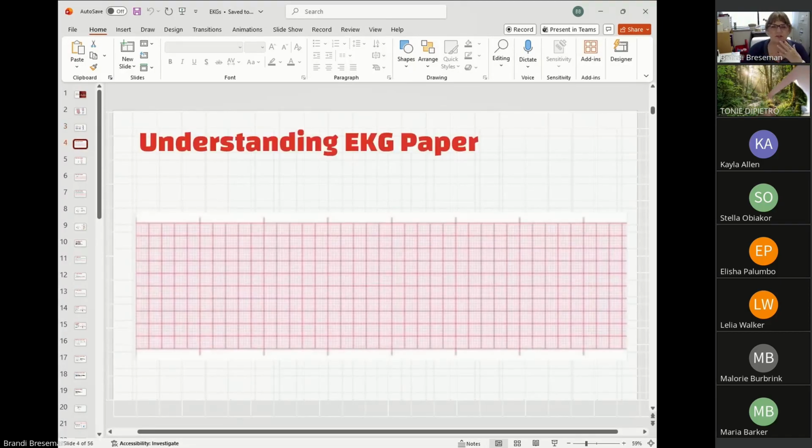All right, so this is what EKG paper looks like. And I use the quotes because almost all places now, except for your 12 leads, which are still printed in most places, use general monitors that your patients are on.